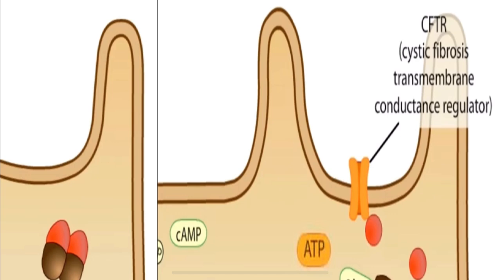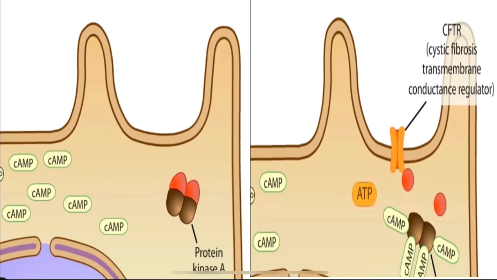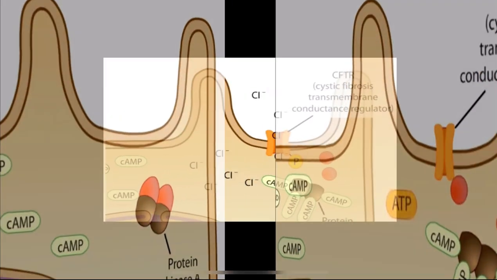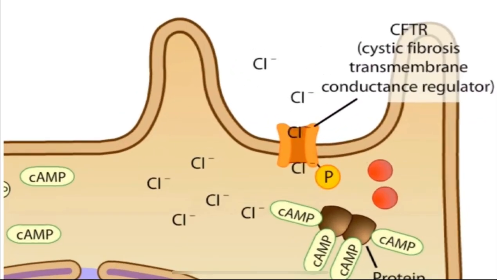So once there is an activation of the CFTR membrane transport ion channels, this will result in the transportation of the chloride ions. Okay, you can see all the chloride ions leaving the cells and entering into the lumen.